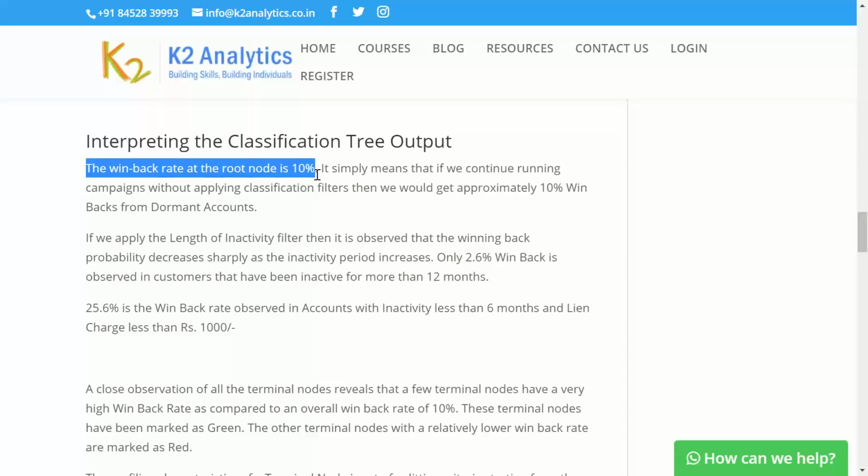It simply means that if I continue running campaigns without applying the classification model, I randomly pick up the inactive customers from my base without seeing who is inactive for 6 months, who is inactive for 10 months, or who is inactive for more than 12 months. I just randomly pick up the inactive base and target and run a campaign. I will expect win back of 10%.